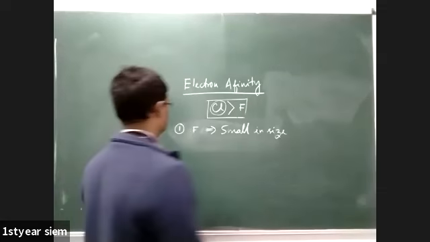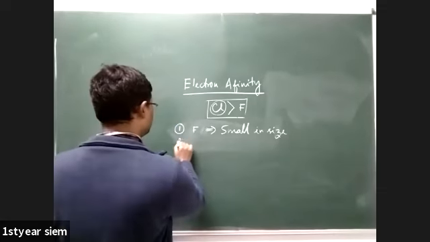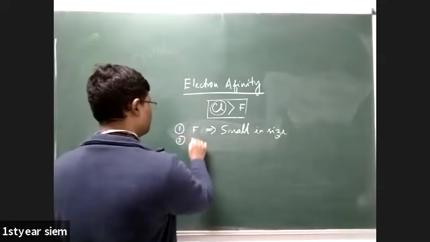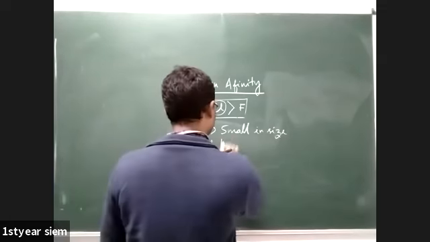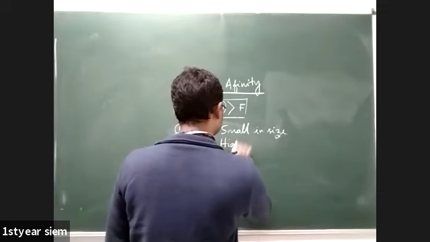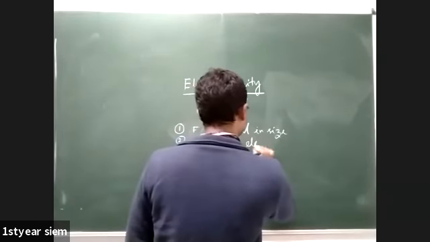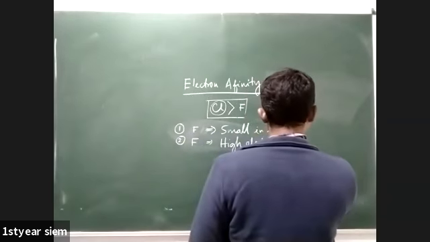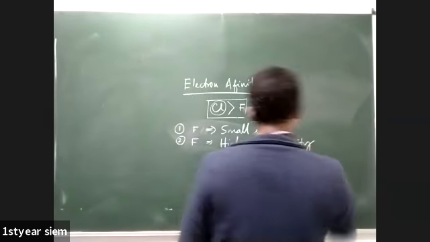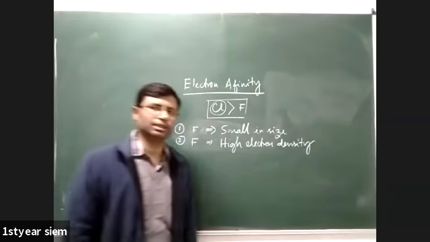Number two, fluorine has high electron density.